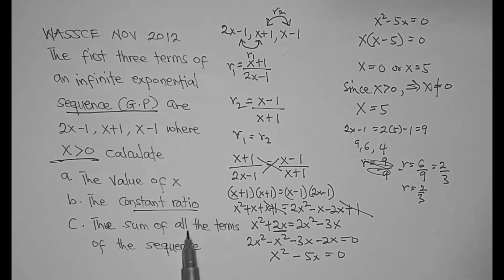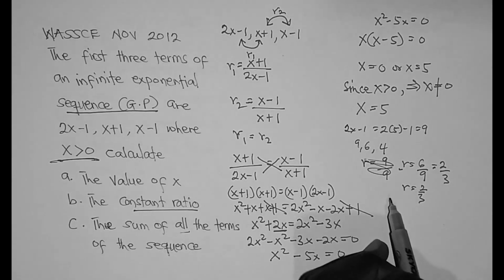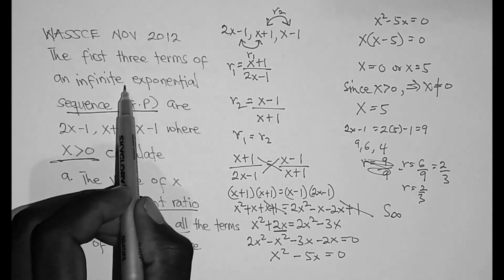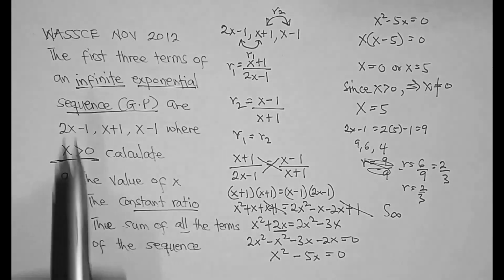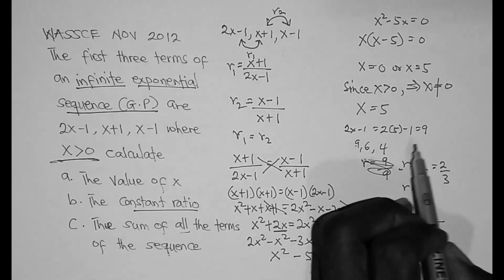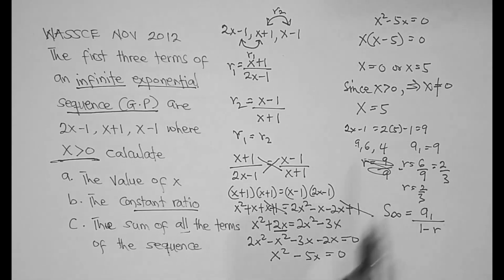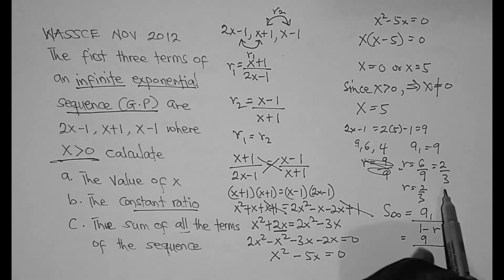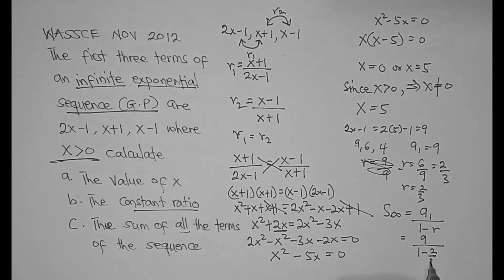And then the last part of the question says the sum of all the terms in the sequence. So remember that sum to infinity, because the question says it is an infinite geometric sequence. So sum to infinity is equal to a1 divided by 1 minus r. a1 is equal to 9, and therefore sum to infinity is equal to 9 divided by 1 minus the constant ratio, which is 2 divided by 3.